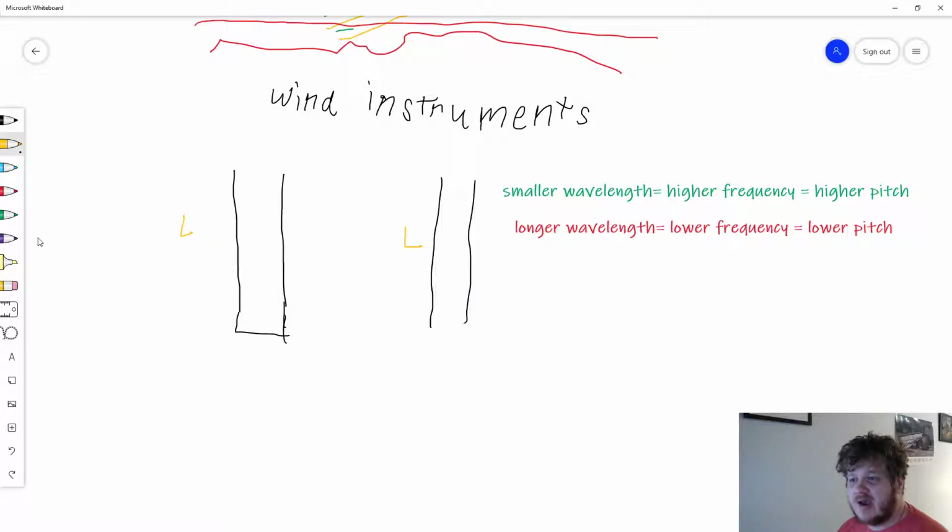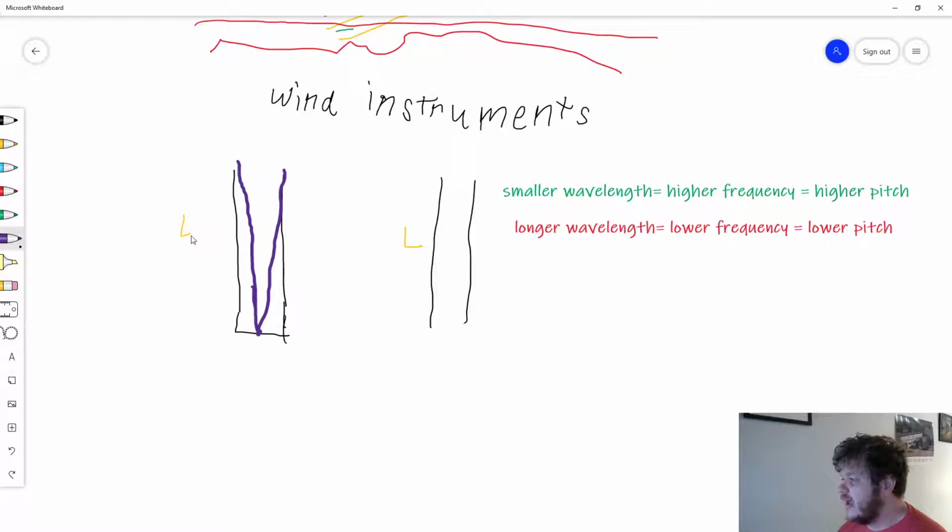If you have closed on one end, what ends up happening is you have a node here, if we think of it in terms of standing waves, and then it is only able to reach the peak or the trough out here, even though I'm doing a really terrible job drawing this.